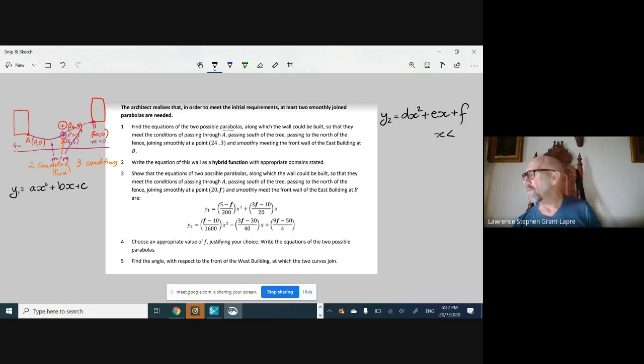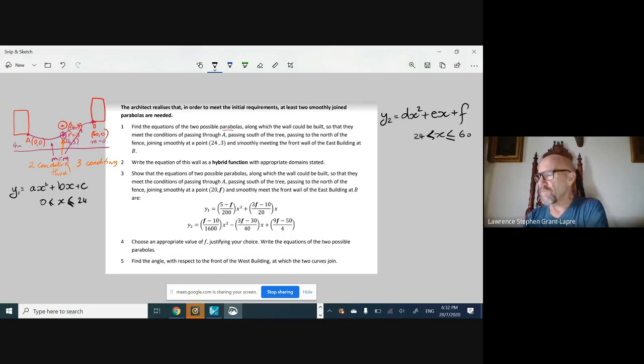Here we're going to be going from 24 up to 60. And here we're going to be going from 0 up to 24. Best not to have 2 less than or equal to. If we have hybrids, just choose one of these to have the equal.